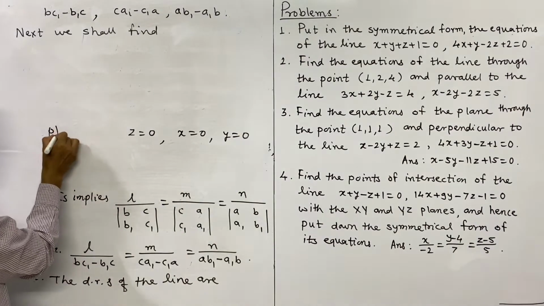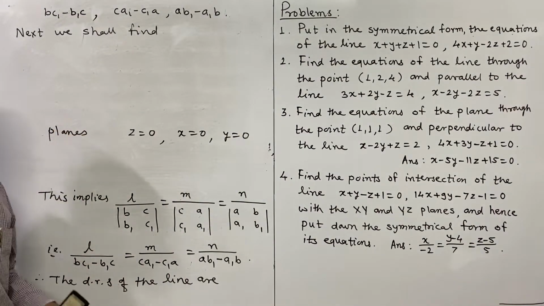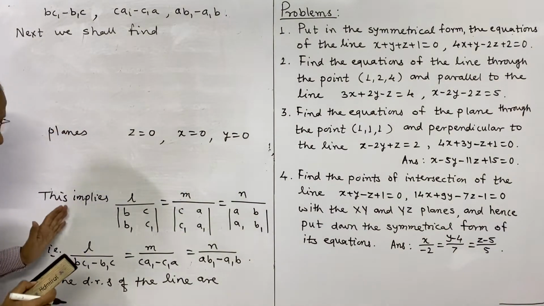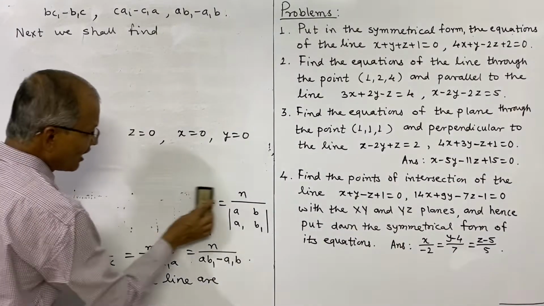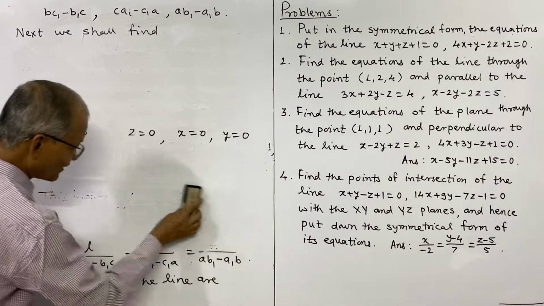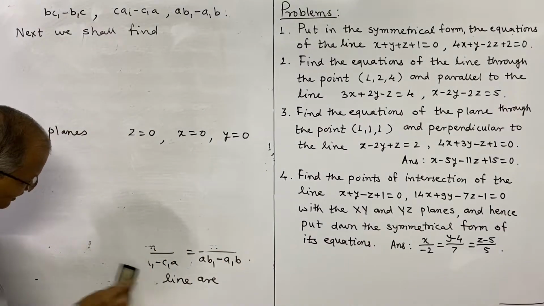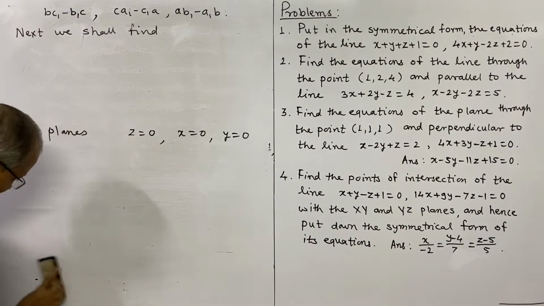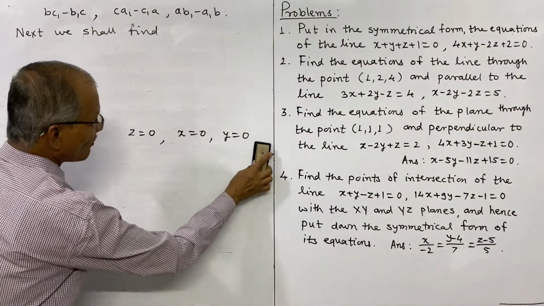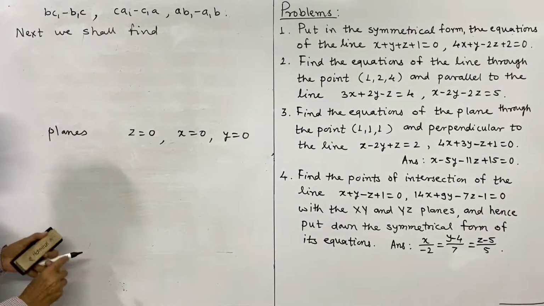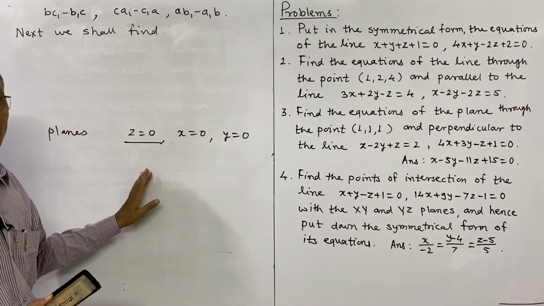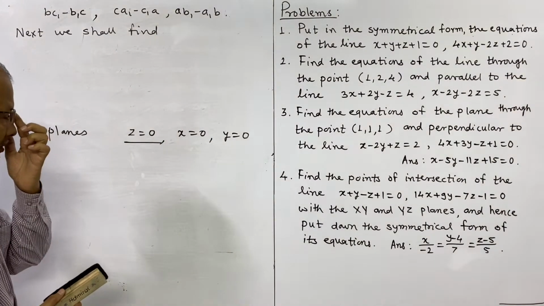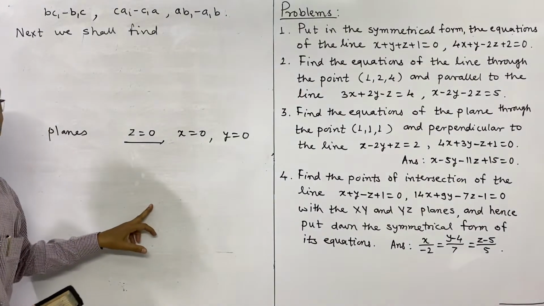These are planes, and the given planes are ax plus by plus cz plus d, etc. So we have to find the intersection of these two planes with either of these planes, and for simplicity, for example, we can consider z is equal to 0. Any one plane can be considered and we get the intersection of that plane with the given planes.